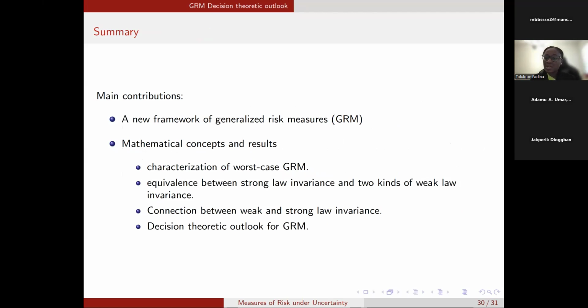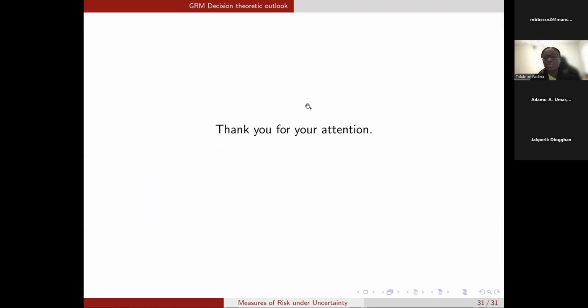We characterize this type of risk measure and have a representation for it, and then we are able to come up with what law invariance looks like in our framework, where we end up with 3 types of law invariance: the strong law invariance, the loss law invariance, and the scenario law invariance. It turns out that the loss law invariance seems to be more practicable in terms of application. And then we extend our results to a decision-theoretic outlook. And that is all I want to talk about. Thank you all for your attention.